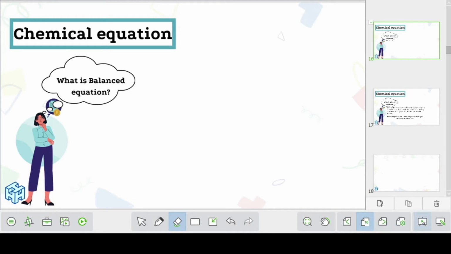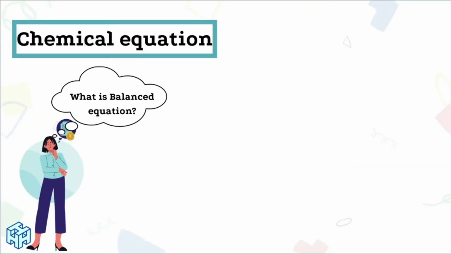Now it's time to understand what a balanced chemical equation is. Let me give you a simple example, sir, of the same: magnesium plus O2 gives me MgO, but here I am adding 2.